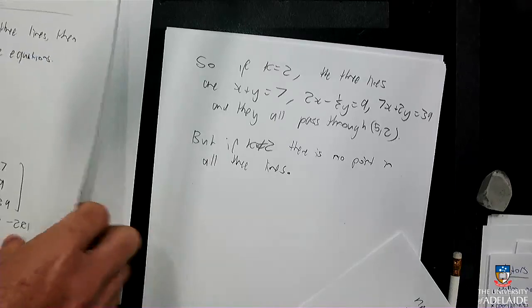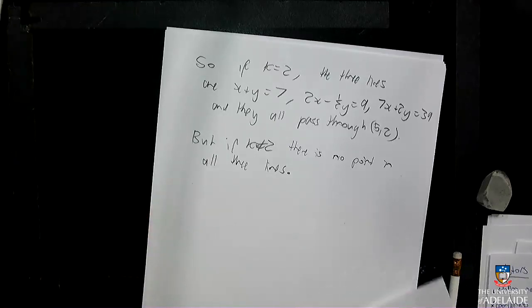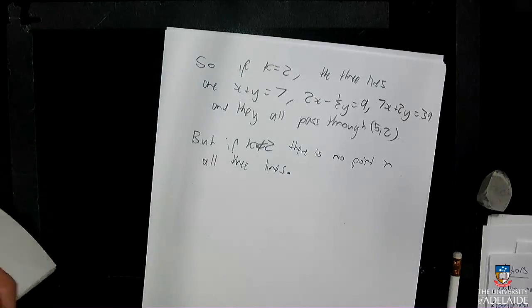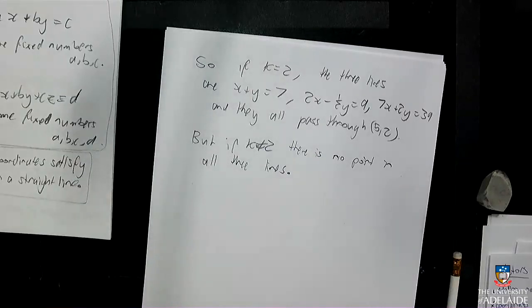Okay. So I guess the point I wanted to make there is that if you move some of the lines around, you can get different results for what's going on.